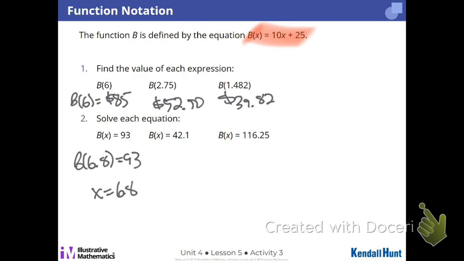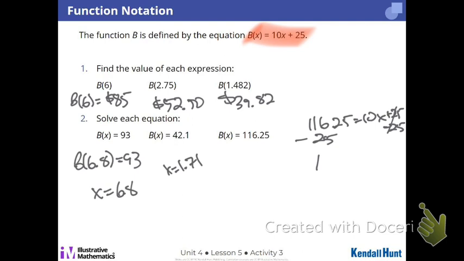How many gigs can I get for $42.10? 1.71 gigs. Okay, and how many gigs can I get for $116.25? Okay, let's just do this one. 116.25 equals 10x plus 25. Let's subtract 25.